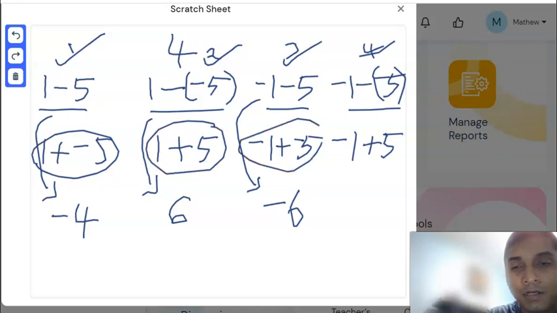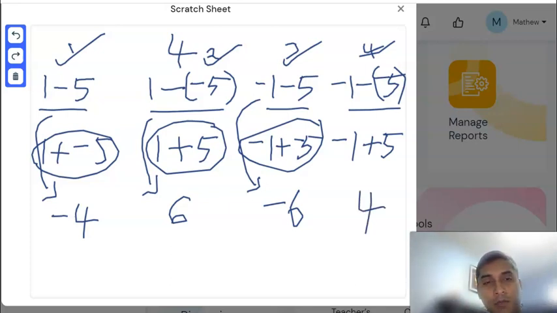So these are all kinds of adding. Now the last one, -1 minus -5. When you rewrite into addition you get -1 plus 5, and your answer turns out to be +4. Even though the numbers are the same, the answer should be correct.